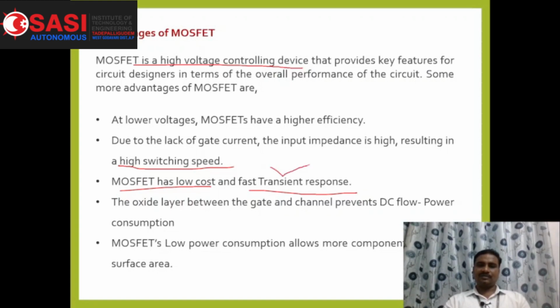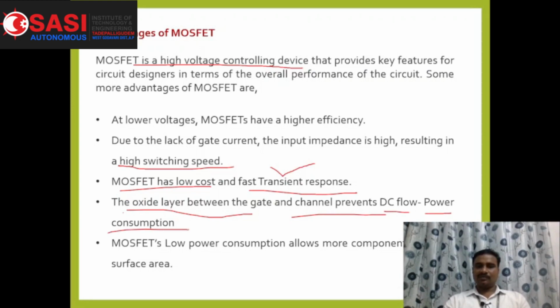When we operate with the switches, there is a transient factor affecting the operation of the switches. So that is also a very fast response to the transients that appear in the switches. The oxide layer between the gate and channel prevents DC flow or power consumption.